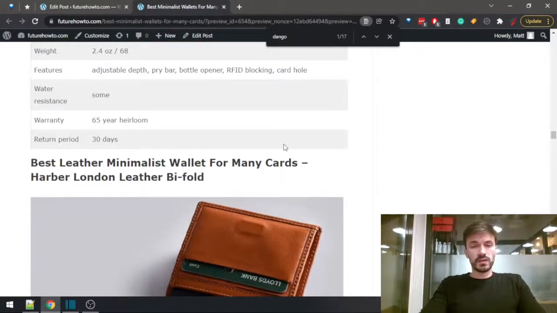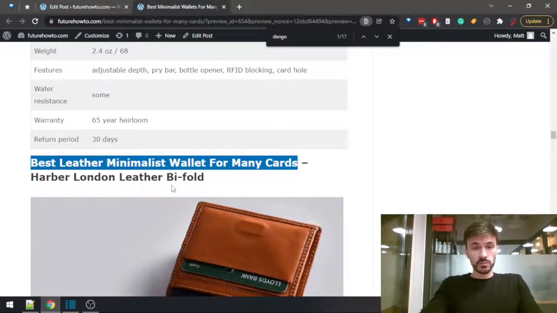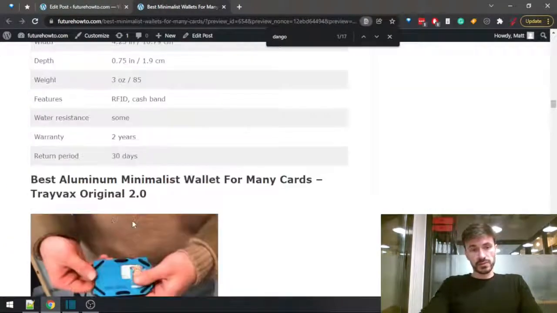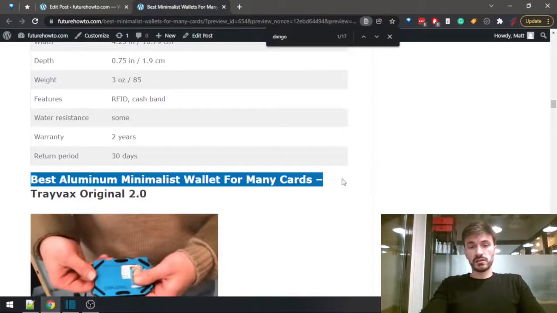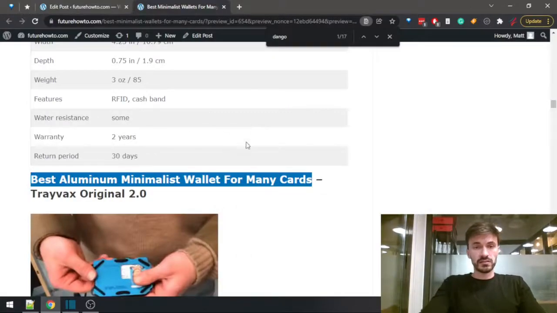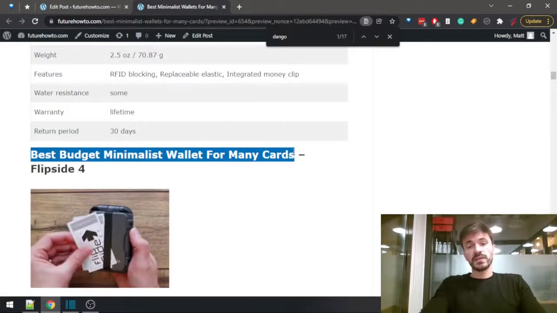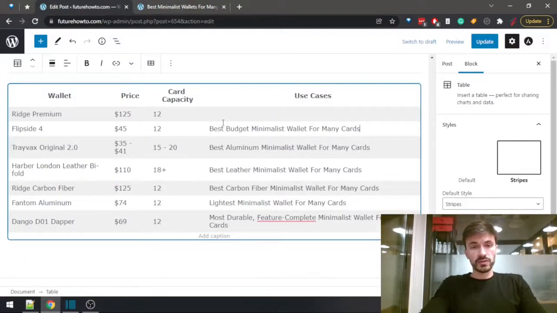And as I said, I forgot to do this table, but this is really, really important. Please don't forget to do this because this is critical for the snippet. This type of formatting, this type of organizing the data is really gonna help you win that Google snippet.